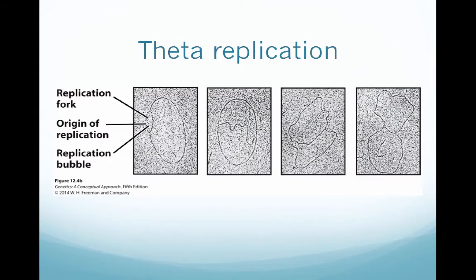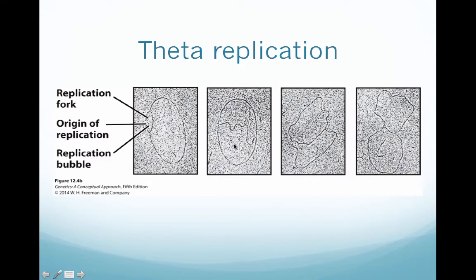So when we look at what that looks like in the cell, this is an electron micrograph. So we've got the chromosome actually shown here in a circle, and we can see that we have the start of the replication bubble forming and replication forks on either end, and right here in the center is the origin of replication.